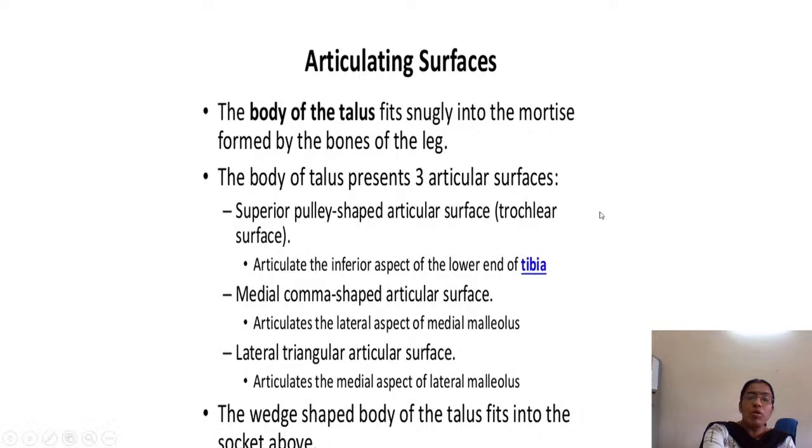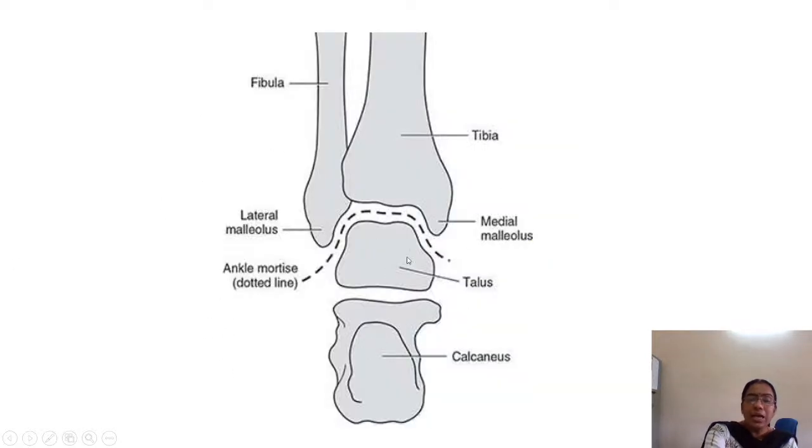The body of the talus consists of a superior surface, medial surface and lateral surface, fitting into the mortise. The superior is the trochlea, pulley-like.